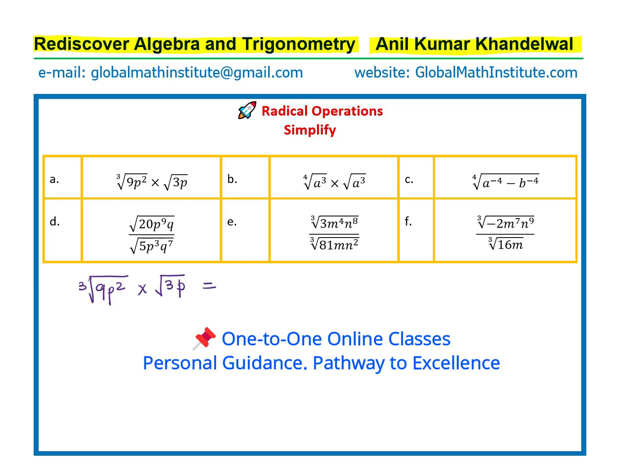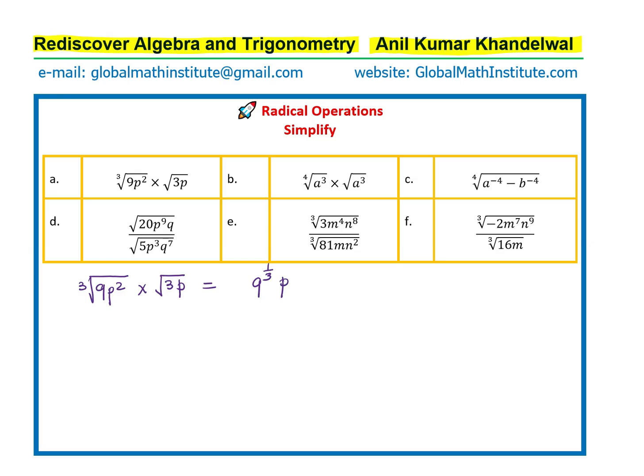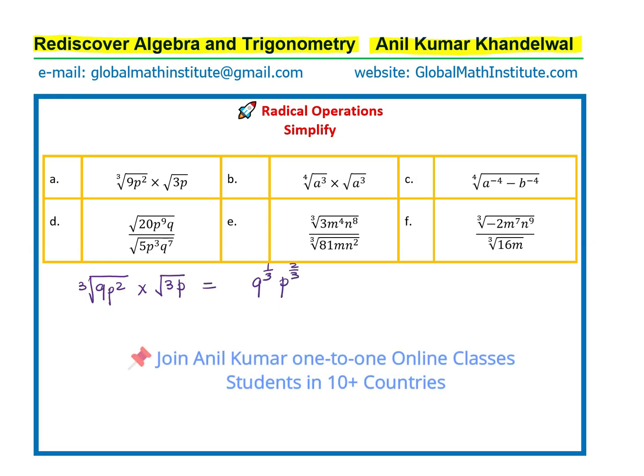Now since there are different powers, we should work individually with them. So we could rewrite this as 9 to the power of 1 over 3, that is cube root, and p squared to the power of 1 over 3, that is p to the power of 2 over 3, times 3 to the power of half, that is square root, and also p to the power of half. 9 and 3 are related. 9 is 3 squared.